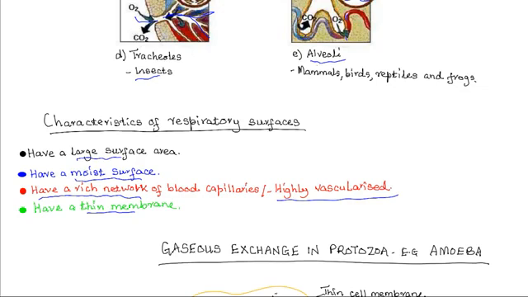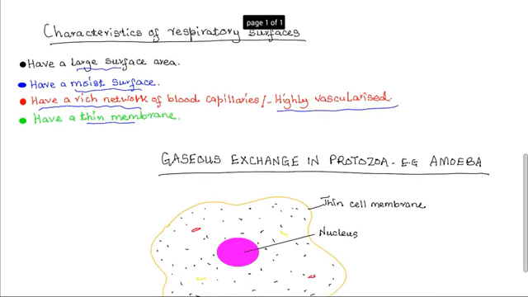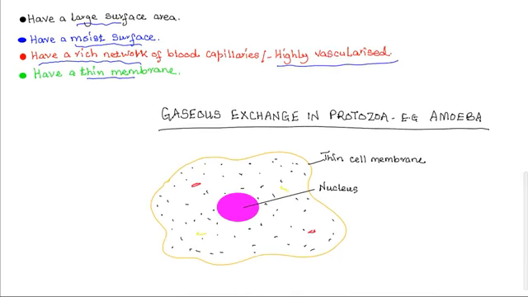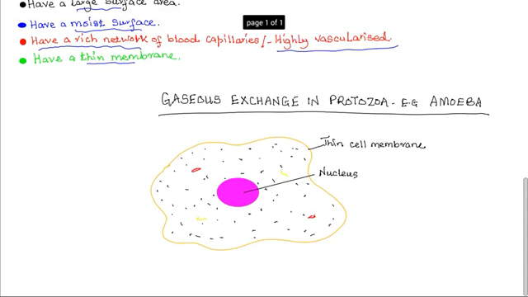Now, in unicellular organisms such as amoeba, there are no specialized structures for gaseous exchange. The cell membrane surface is large enough to meet the gaseous exchange needs.